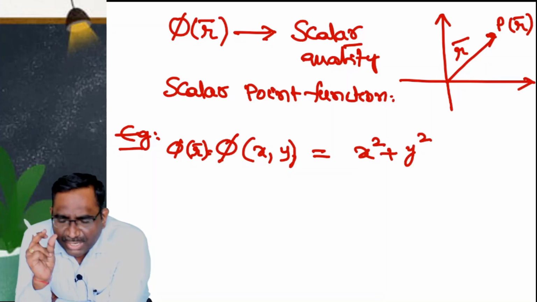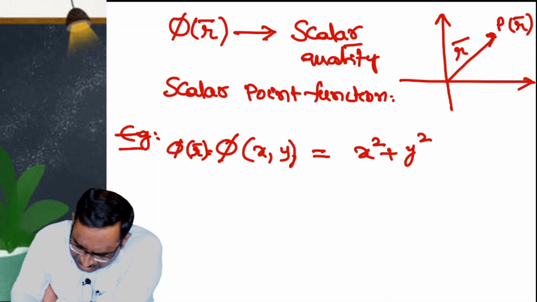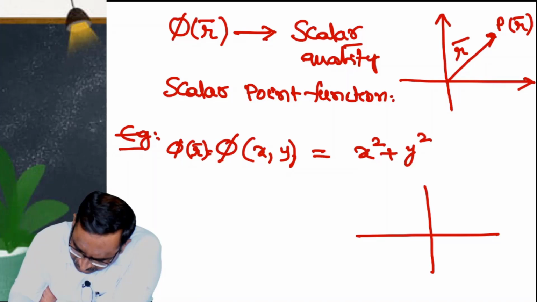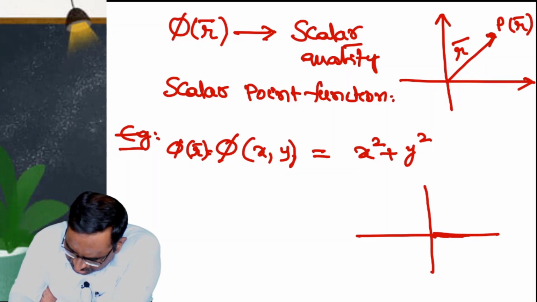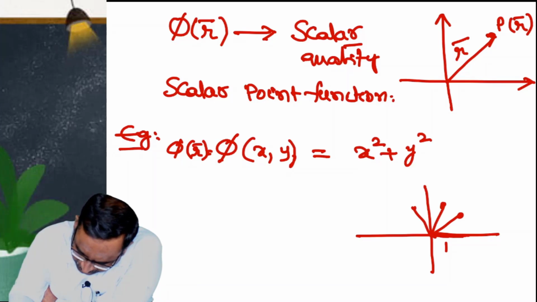So for every point, this is x square plus y square. Suppose this is the radius, if you take 1, and this is 1, at this position, at this position, it represents a circle.